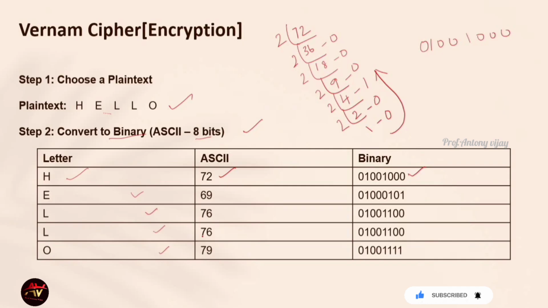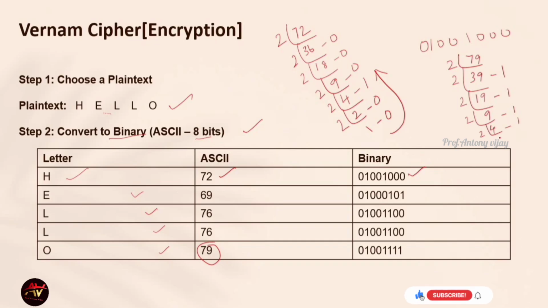Let's try for 79. Once again I am applying this rule. 79 divided by 2 is 39, remainder 1. Then again 2, it is 19, again remainder 1.